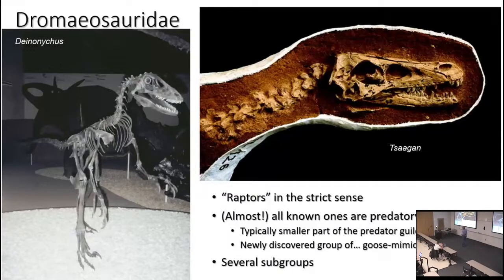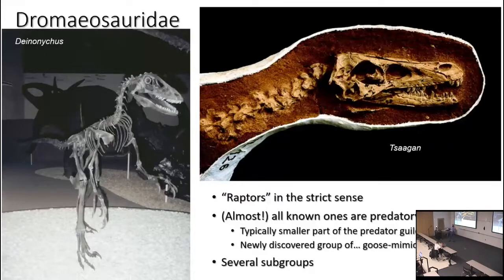Now, Dromaeosaurids are almost all predatory. I used to be able to say they're all predatory until the discovery of an early diverging branch, which are sort of goose mimics. I'll get to them momentarily. However, although they're predatory, Dromaeosaurids are almost never, as far as we know, the apex predators.